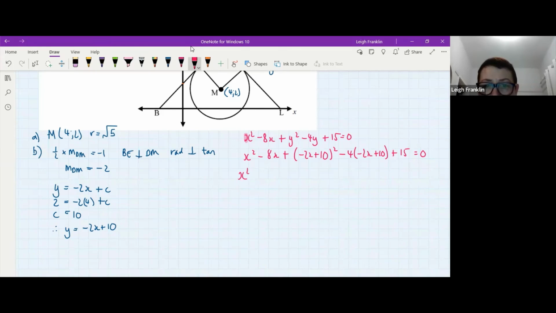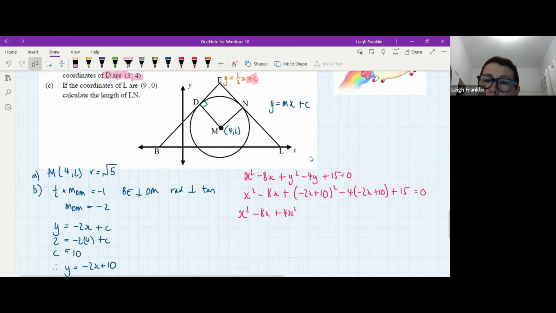So we would end up with... I'm confused. About what, Kanisile? So, ma'am, we substituted. Wait, ma'am, can you please start again? Sure. Okay. So Kanisile, what I've done is I've taken the equation of the tangent, what I'm highlighting in pink, and I've subbed it into the equation of the circle, which I'm now also highlighting in pink over here.